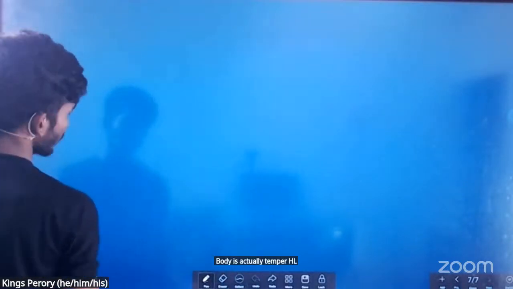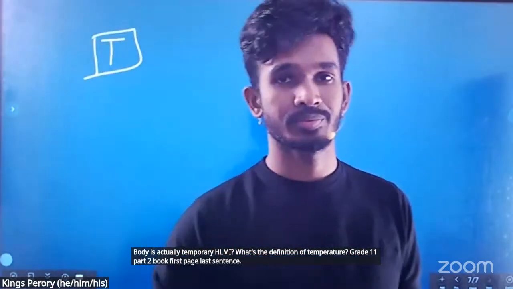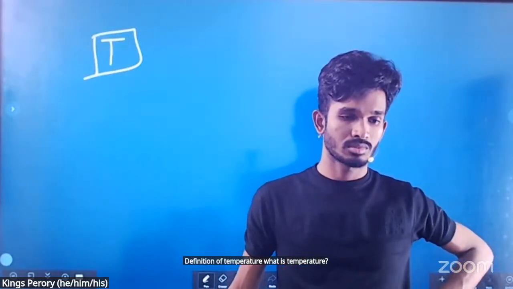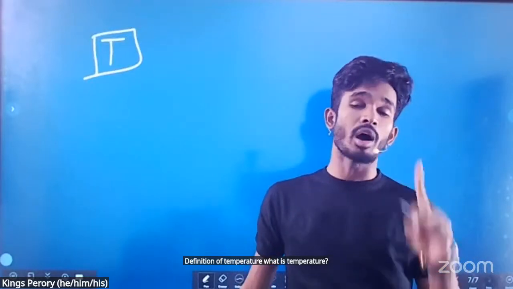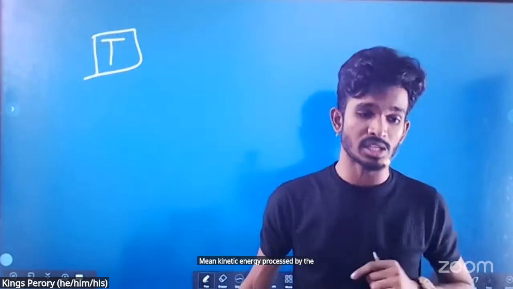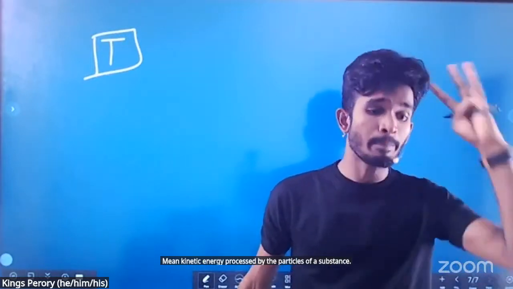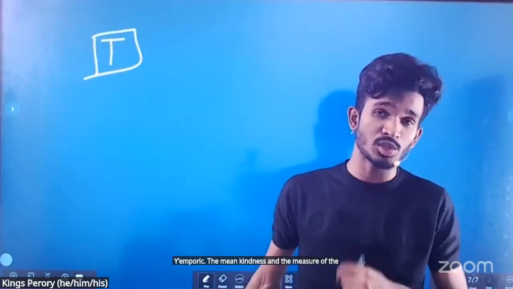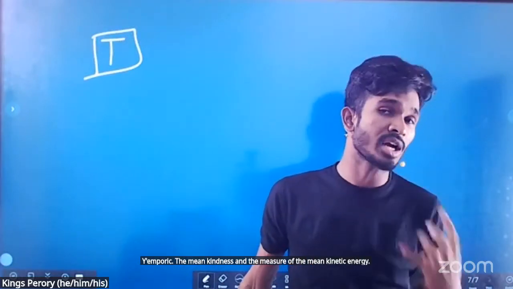What is actually temperature? What's the definition of temperature? Grade 11, part 2 book, first page, last sentence. Temperature is the measure of the mean kinetic energy possessed by the particles of a substance.